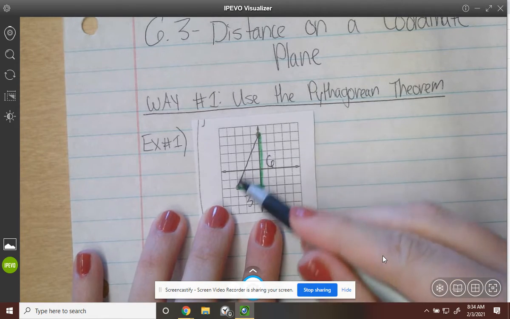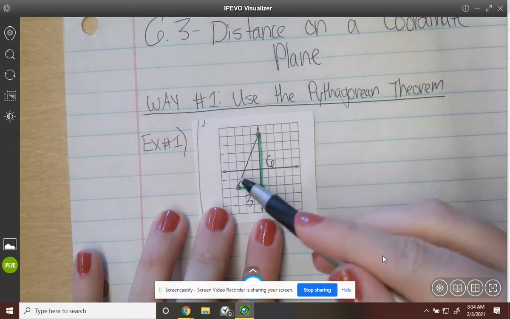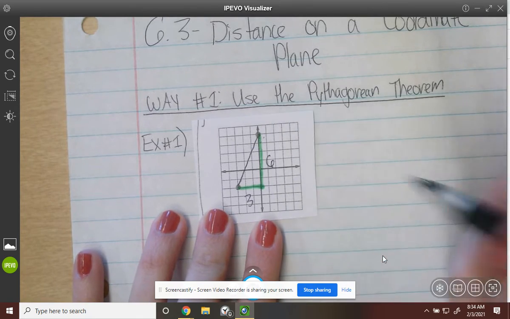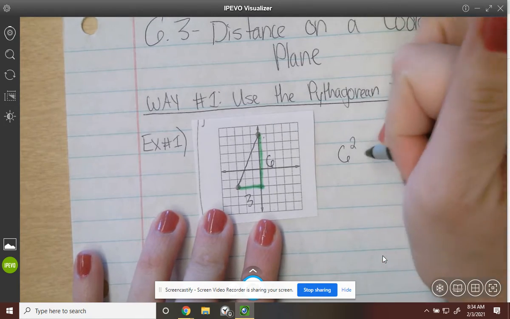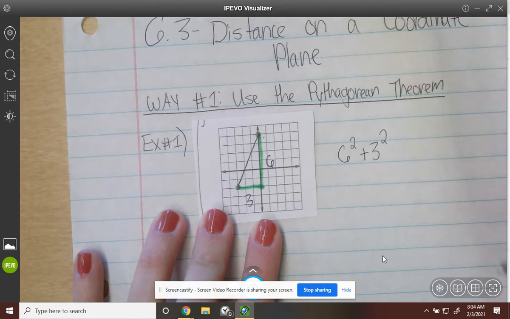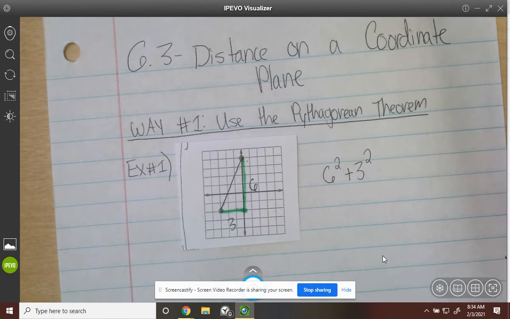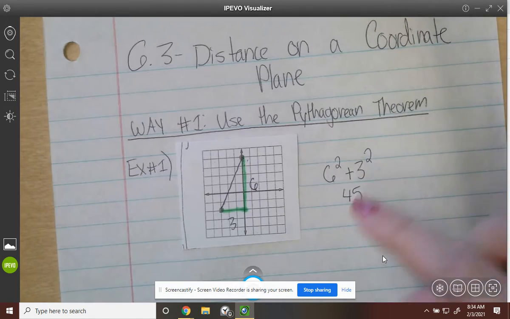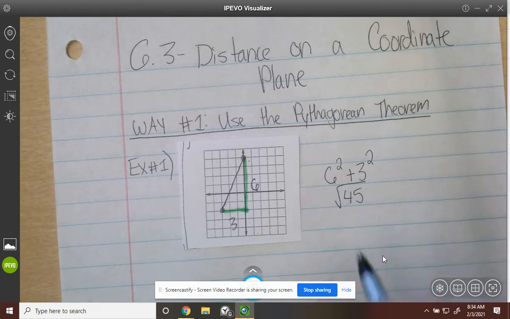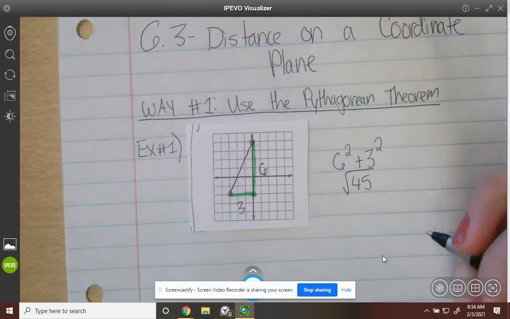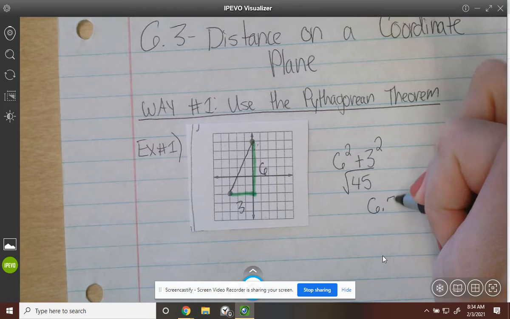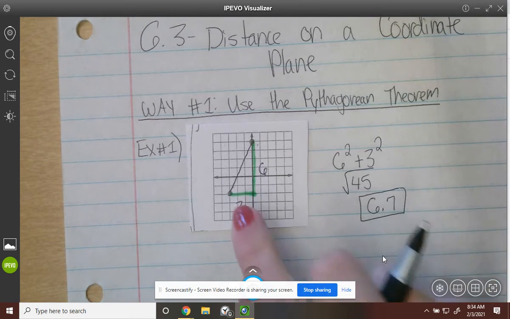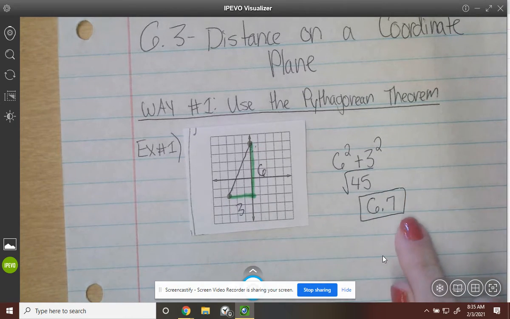So to find the hypotenuse of this right triangle, or the distance between these 2 points, I'm just going to take 6 squared plus 3 squared, and I get 45, and then I have to square root that. Whenever I square root 45, I get 6.7. So we are close whenever we fake counted, but that's the exact answer.